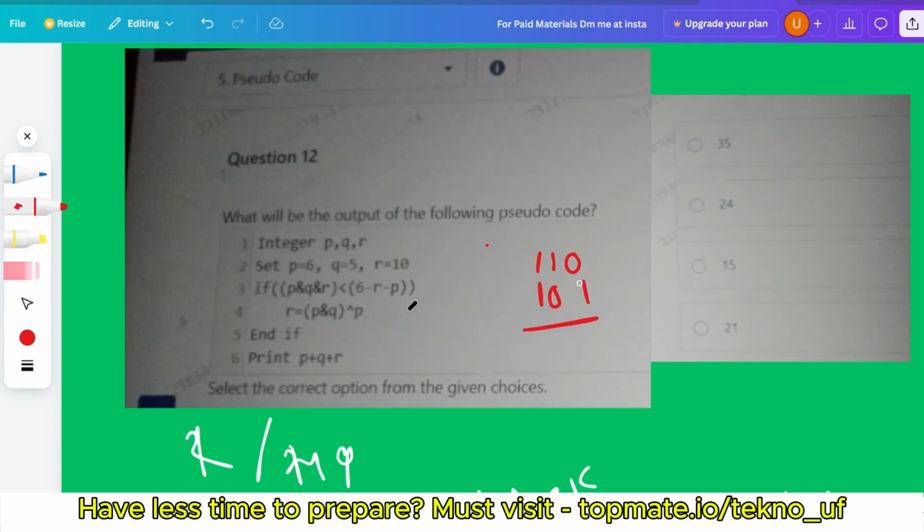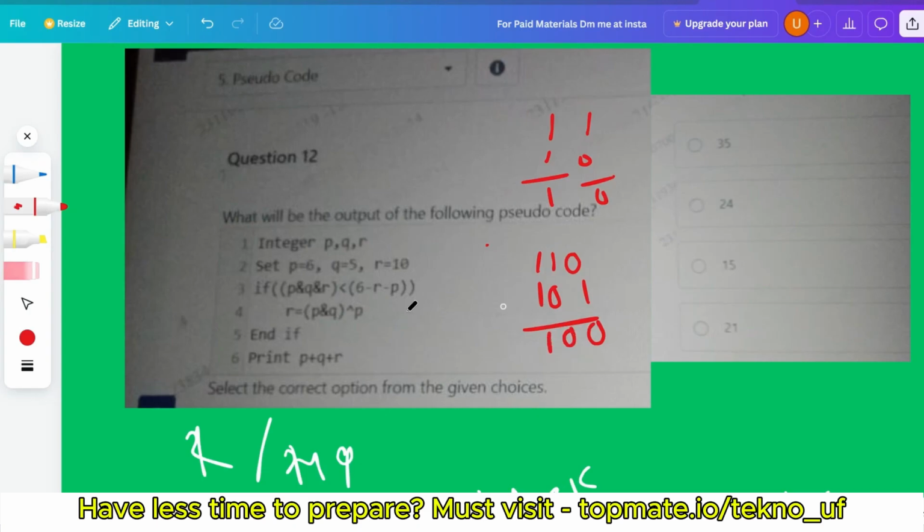For the AND operation, both the statements should be true so that the answer will be true. If any of the statements is false, then the whole statement will be false. So here one statement is false, so it is false. Here one statement is false, so it is false. Here both statements are true, that's why it is true.